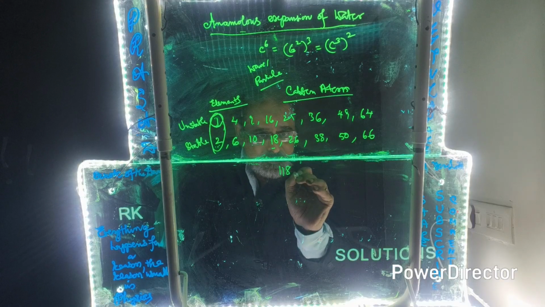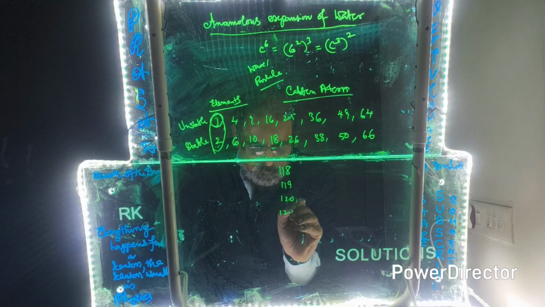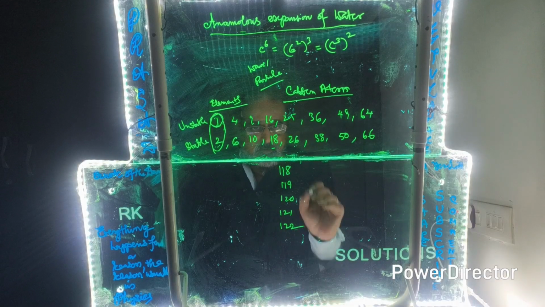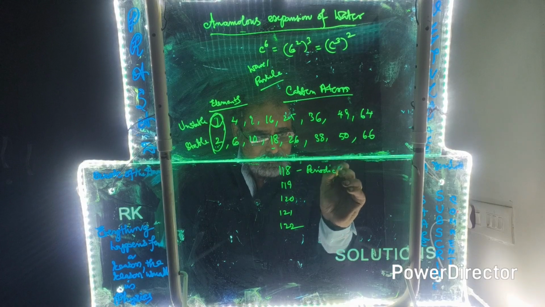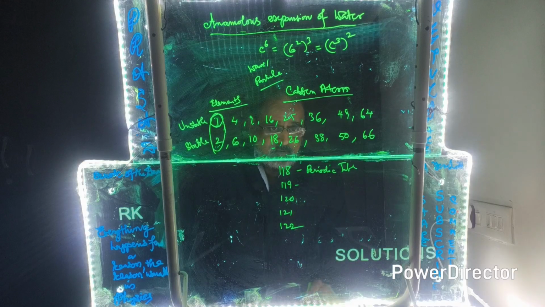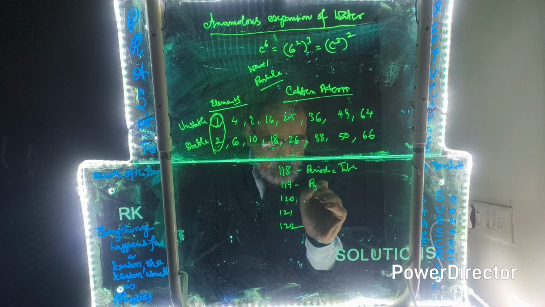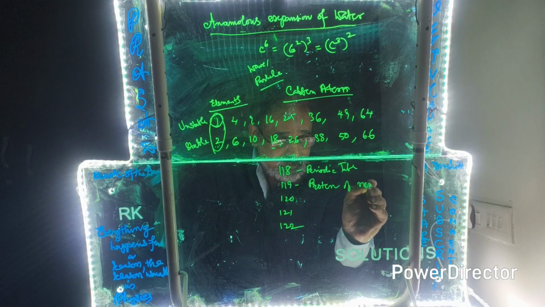118, 119, 120, 121, 122. Let's say this is the periodic table, all the elements in the periodic table. This is like the proton of the next periodic table.